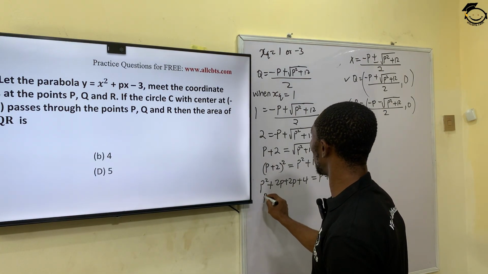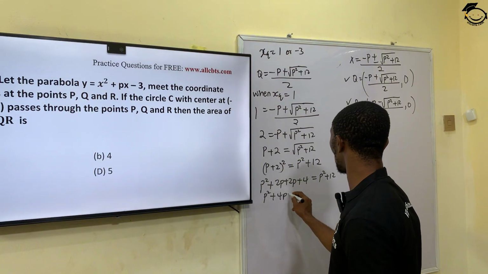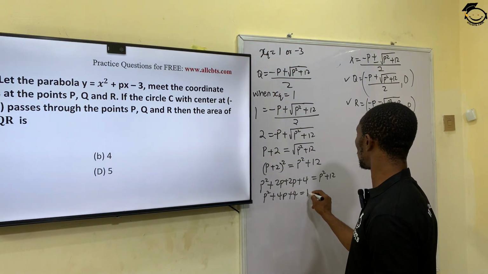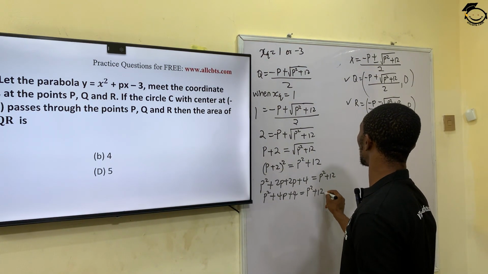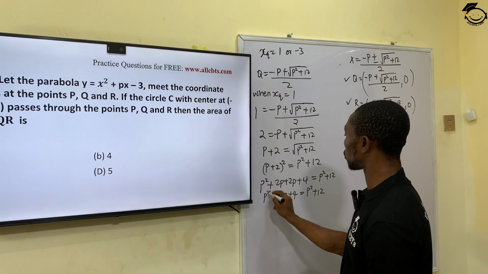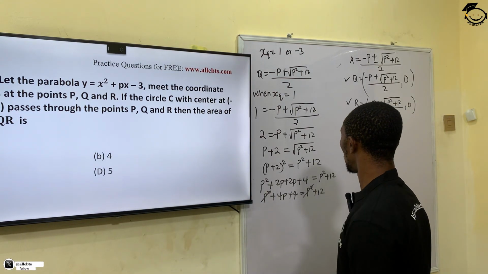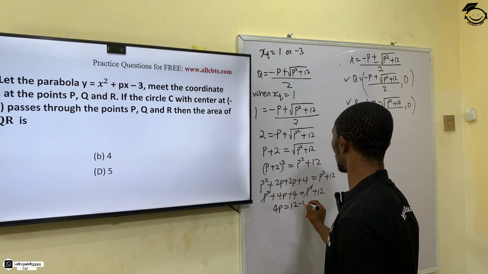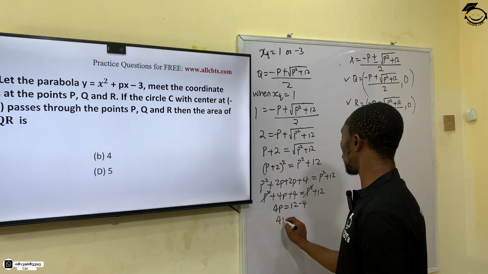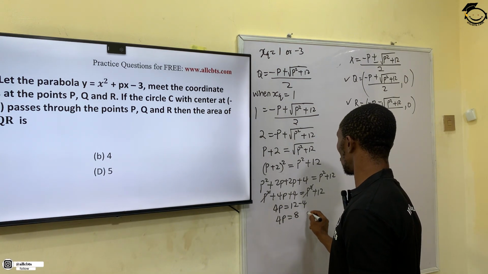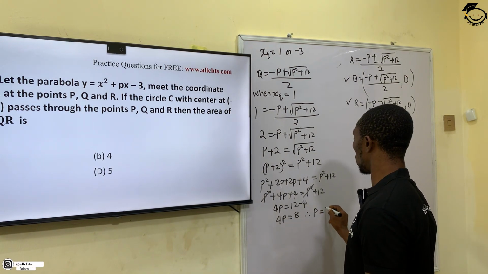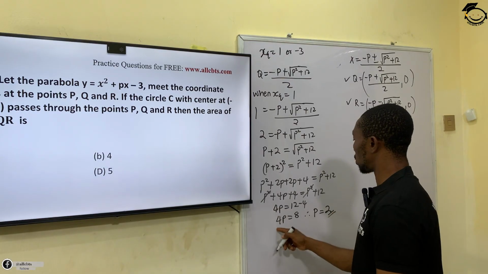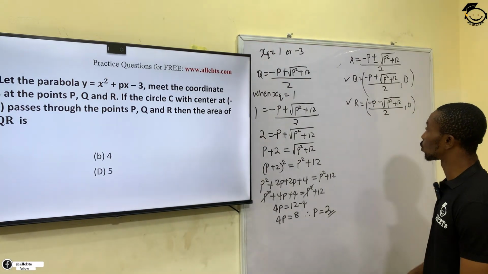So this becomes p squared plus 4p plus 4 equals p squared plus 12. Now collecting our like terms, p squared will cancel p squared, leaving us with 4p equals 12 minus 4. So 4p equals 8. So therefore, our p equals 2. 8 divided by 4 will give us 2.